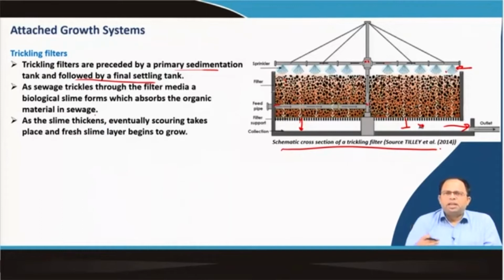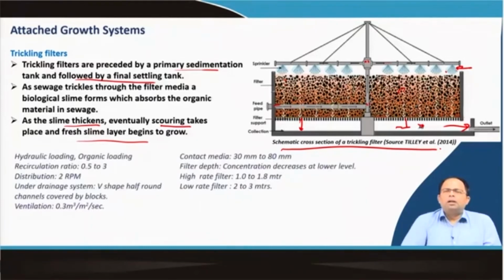That is initially, and then when sewage keeps on moving over it, at one time when the layer is very thick, it peels off and comes down along with the sewage, and that is why we need to have a secondary clarifier, right. So, this scouring takes place when the slime thickens, and then a new slime layer grows on that particular surface.